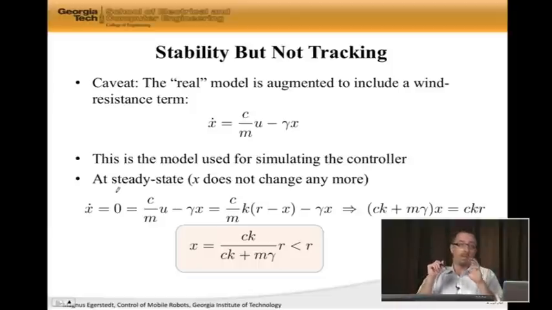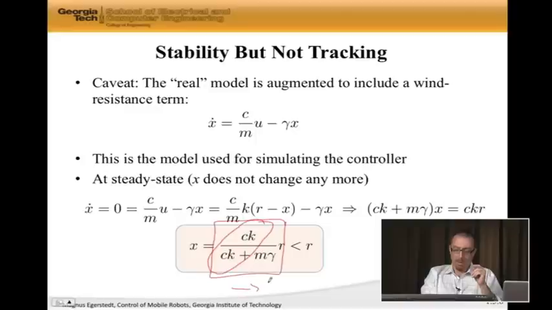And this, for all these coefficients being positive, is always strictly less than r. Which means that at steady state, the velocity is not going to make it up to the reference velocity. And we can see that if we make k really, really big, then these two terms are going to dominate, and we're going to get closer and closer to having this complicated thing go to r.